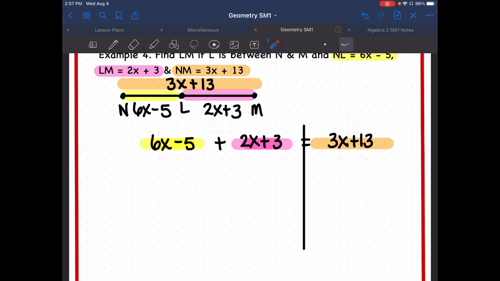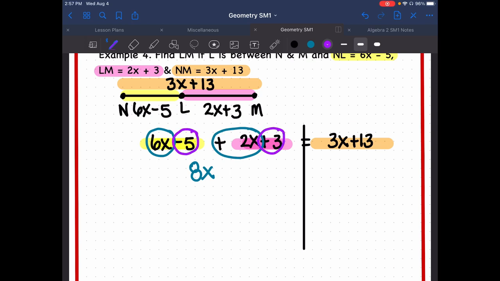I don't have to do like terms on the right side, only on this side. Which ones are like terms? Well, 6x and 2x. I'm going to add them together for 8x. Then I have the -5 and the +3. So I'm going to do -5 plus 3, that's -2.